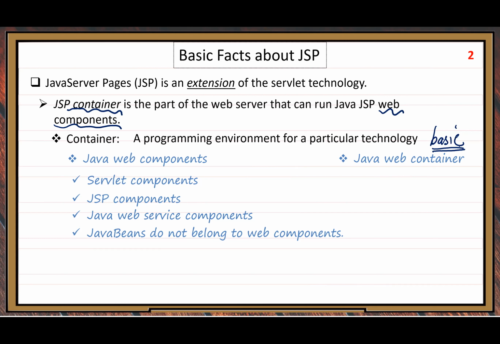For advanced Java web technologies, we need a more advanced container, not a Java web container. We need another one called an application server, a kind of container for more advanced Java web technologies.